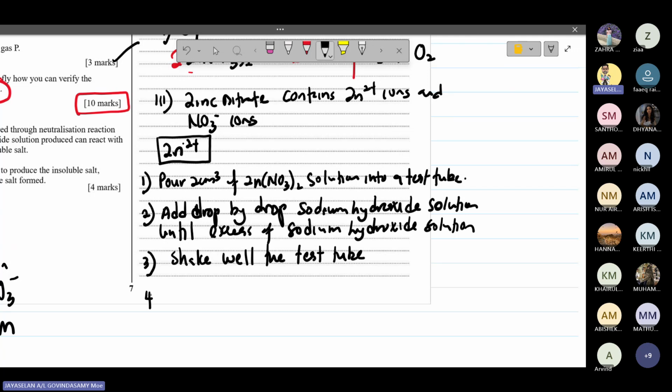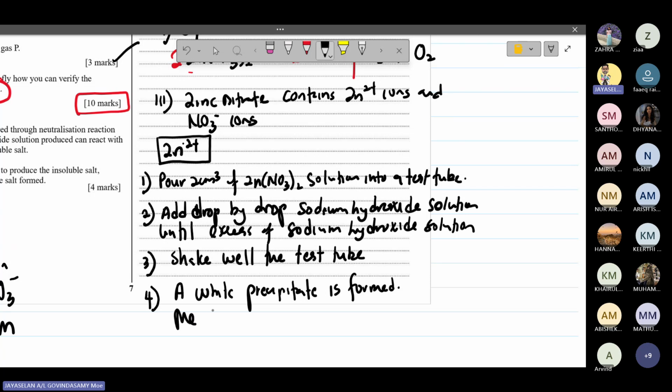Okay, point number 4. You can write observe, record the observation, or directly write the answer. A white precipitate is formed. 1 mark.